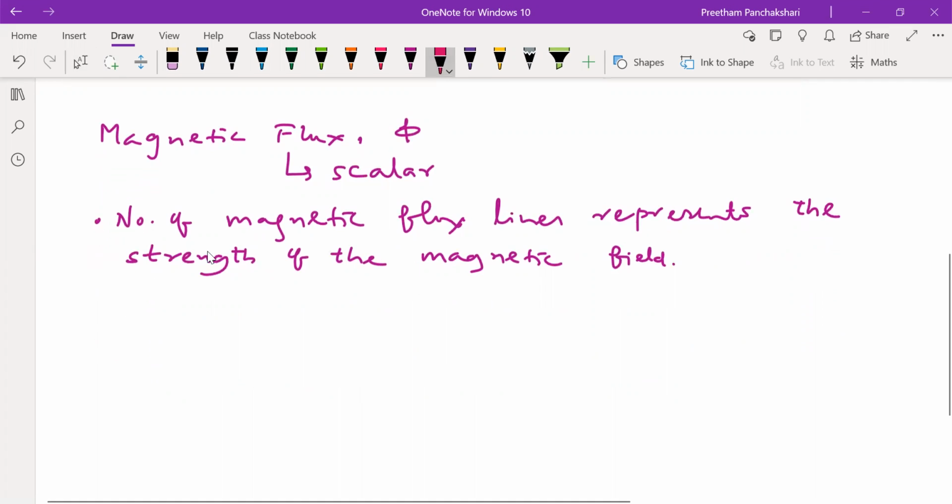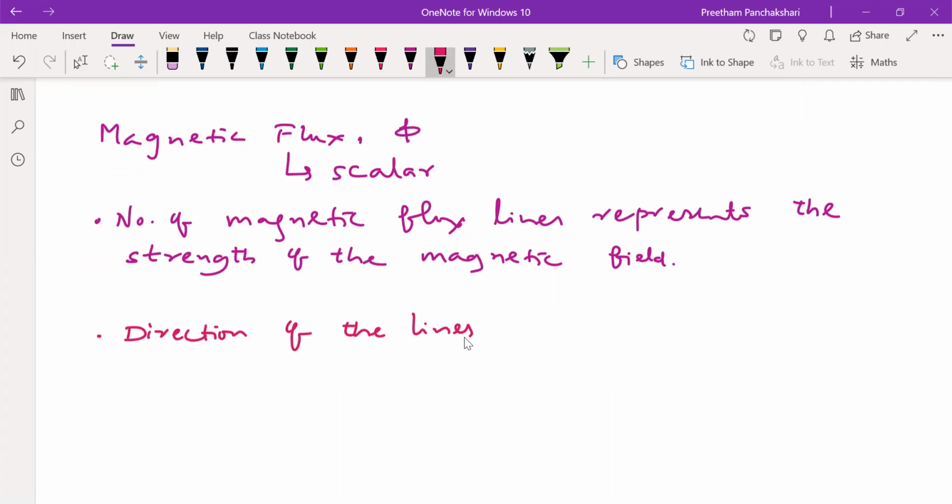At the same time, the direction of the flux lines is the direction of the field.